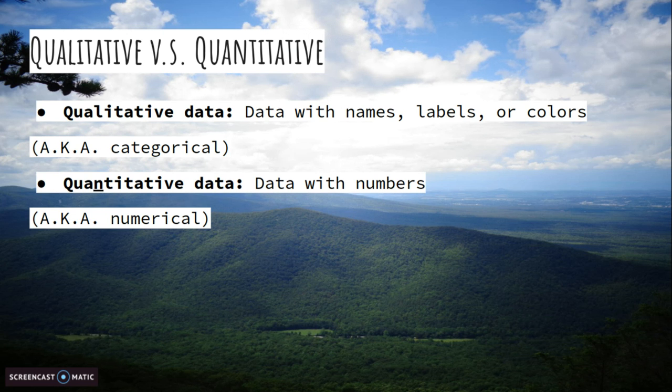Quantitative data has numbers. If you know about quantity versus quality, that's easy to remember, or just remember that there's an N in quantitative. This is also called numerical data, and it has numbers.